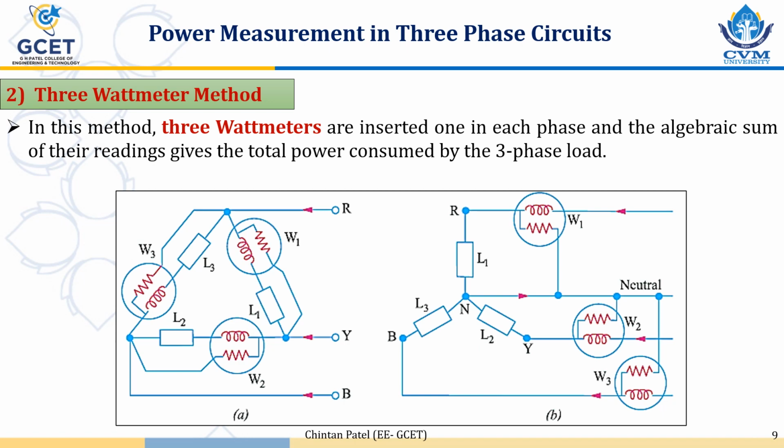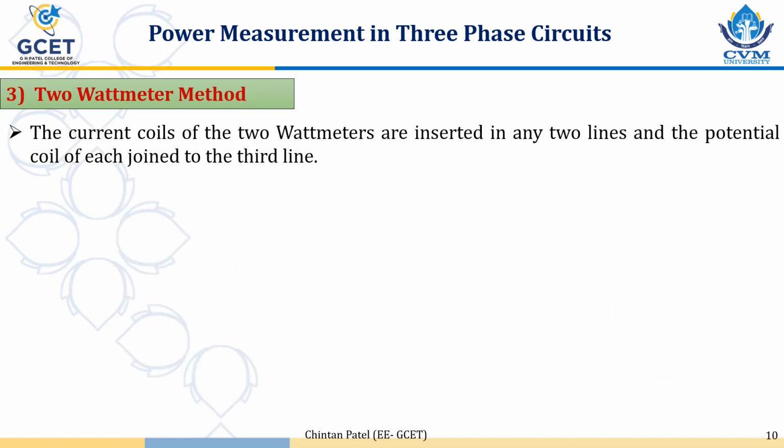Similarly in star connection also, current coils are connected in series with the line, and the pressure coil or voltage coil is connected between phase and neutral conductor. That means across the L1, L2 and L3. So here 3 wattmeters are used. How can we calculate the total power? Power in the 3 wattmeter method is W is equal to W1 plus W2 plus W3. So the summation of all the 3 wattmeter readings will give the total power W.